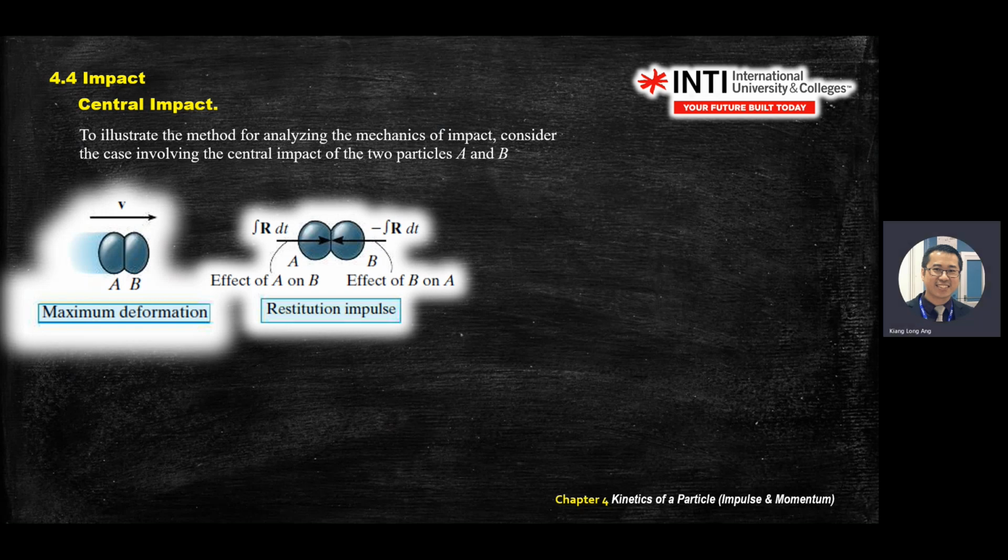We are talking about elastic bodies. After maximum deformation, it will repel. When it repels, look at the diagram. When you repel, same: this is the effect of A on B. The force will also point in a different direction.